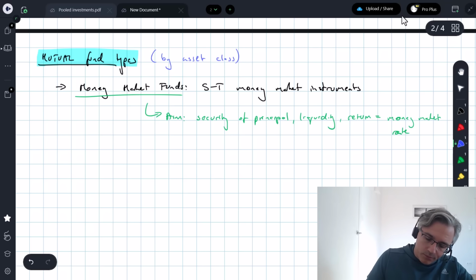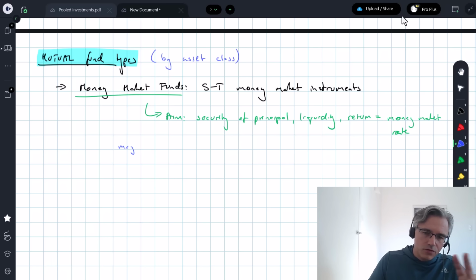Now, of a more technical nature, you could get a question on two abbreviations. These money market funds may operate under one of two possible bases. One is CNAV, the other is VNAV.